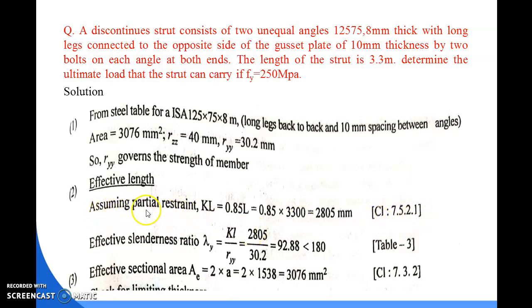Hence, we can calculate the effective length of the angle section as 0.85 L. That is 0.85 into L, where the L value is 3.3 meter, which is 3300 mm. So by multiplying this, we got the value of effective length as 2805 mm.